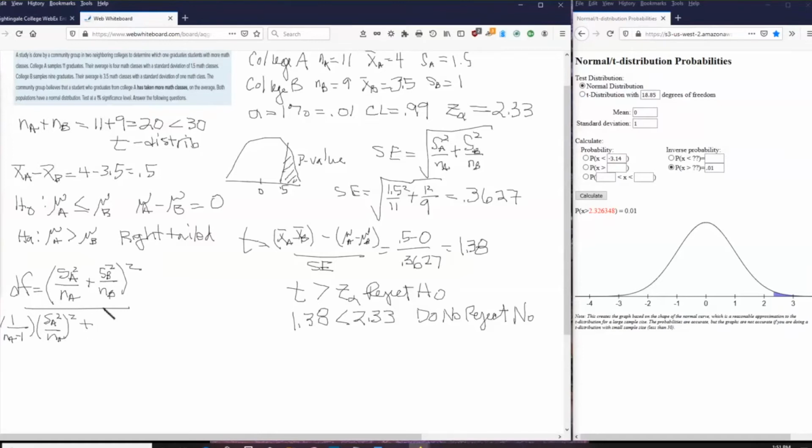Then we're going to do the same thing with the second sample.